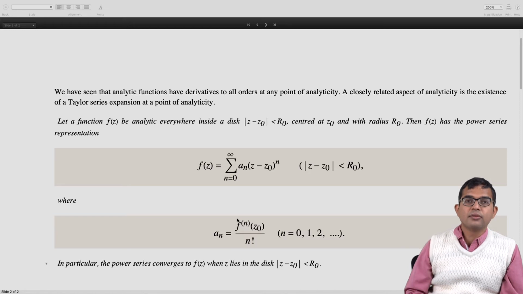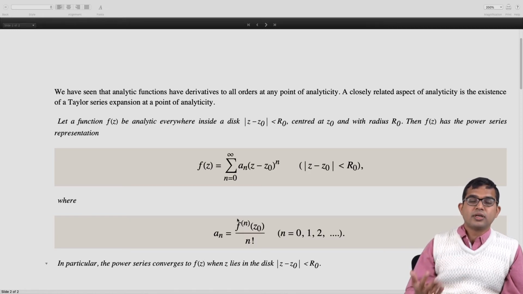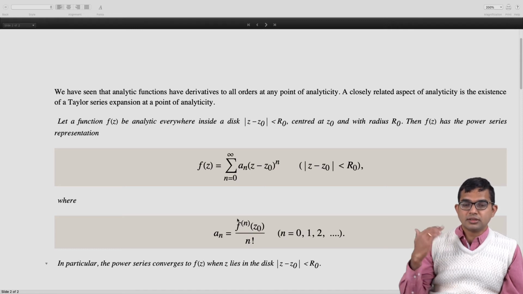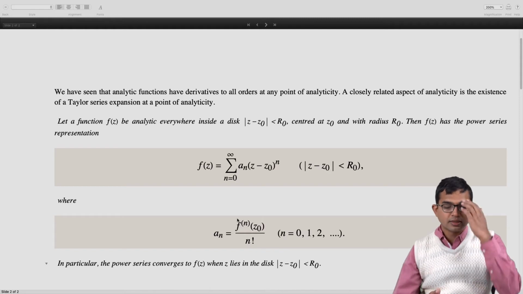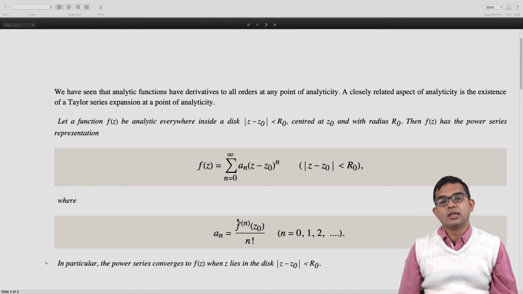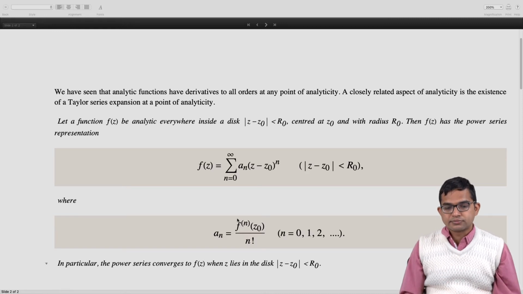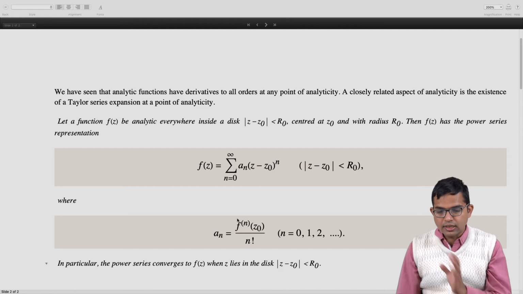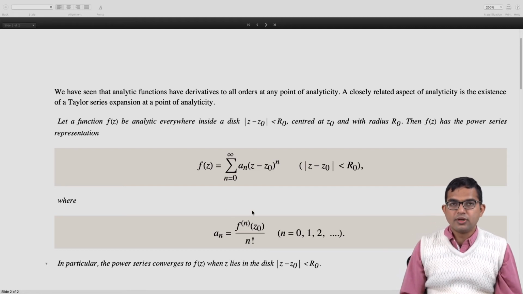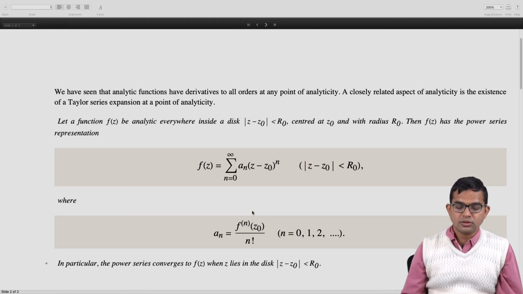You can have functions which are once differentiable, twice differentiable, or thrice differentiable, but then suddenly their differentiability is lost and so on, right? These kinds of complications are there for functions of a single real variable, for instance. But on the other hand, if you have a function of a complex variable which is analytic, then you are guaranteed that its derivatives to all orders exist and also a Taylor series which is convergent is available.